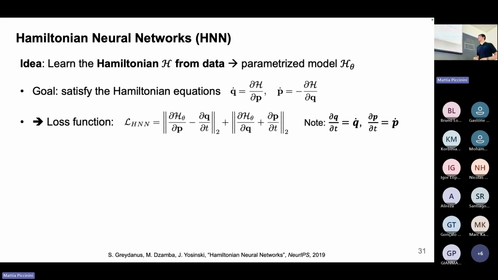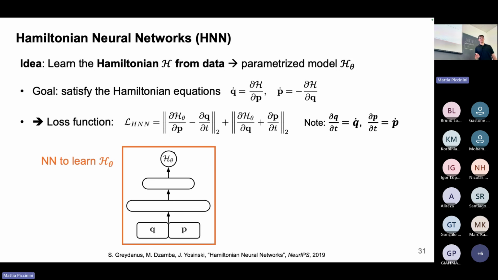We're just using dp dt, but it simply means q dot and p dot. So in the loss function, we want to minimize the violation of the Hamiltonian equations because they are very simple. It's a pity not to use them in the loss function.